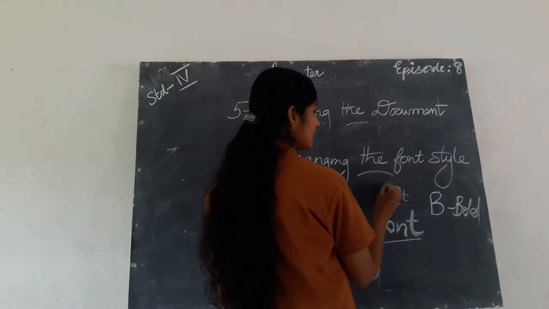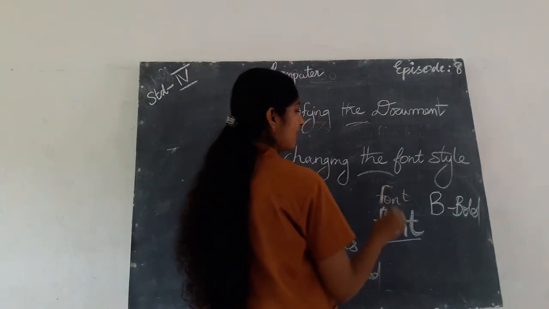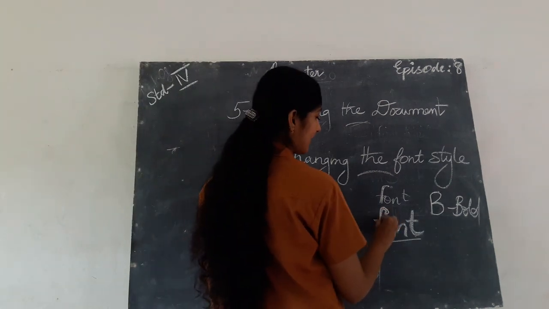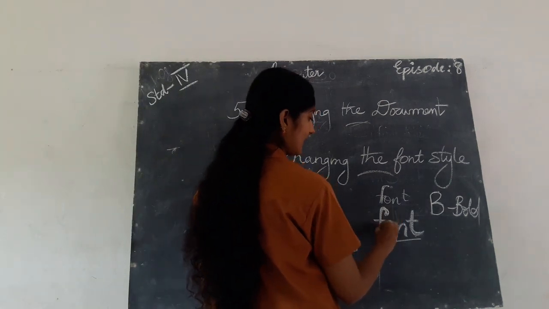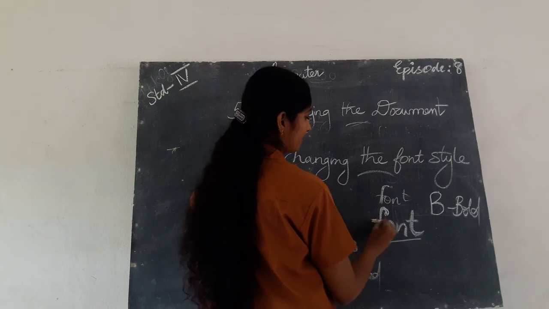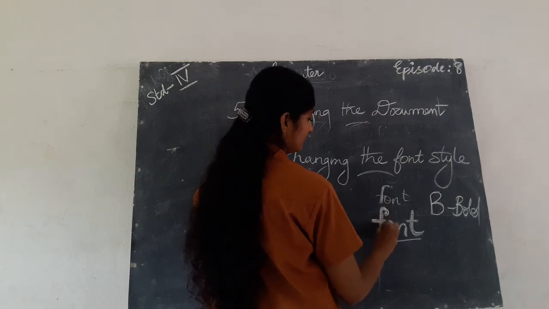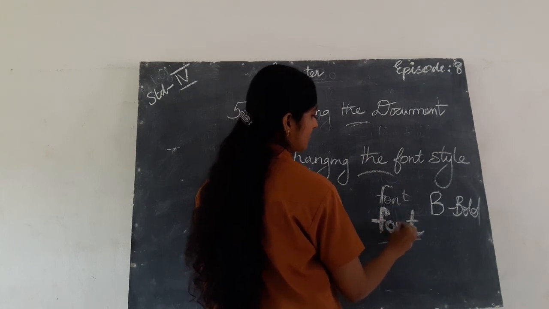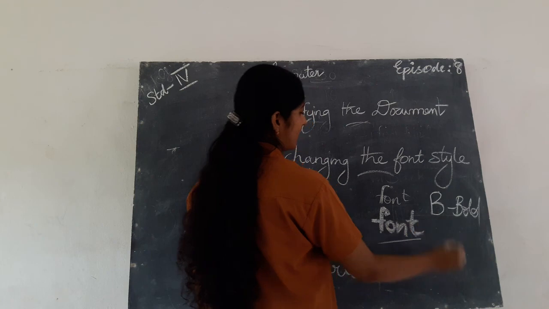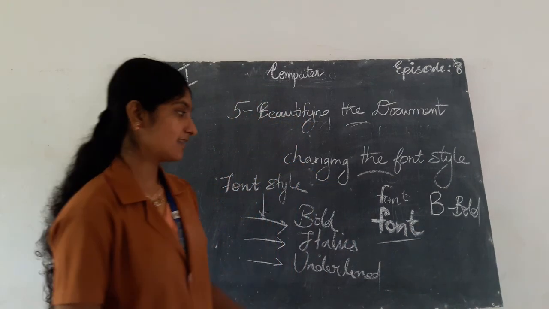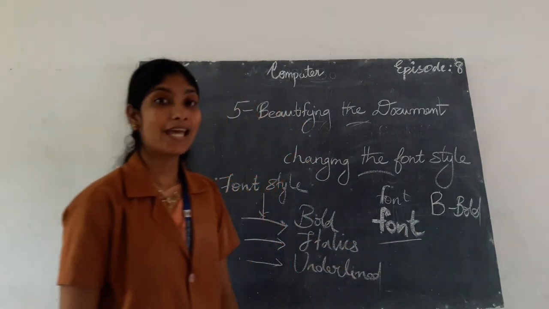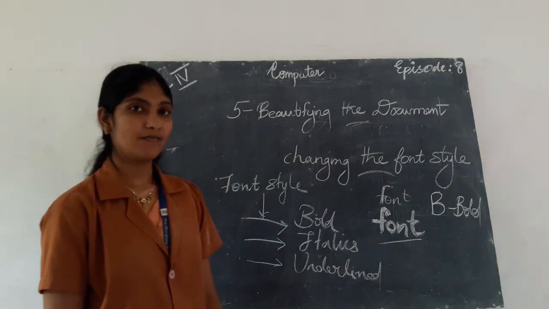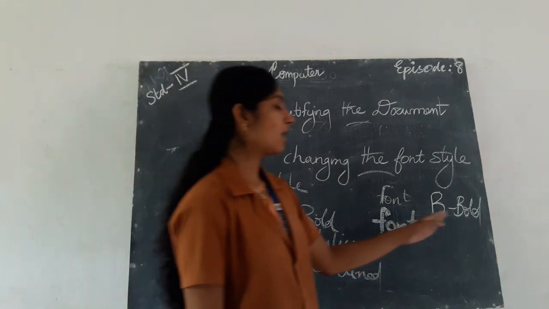For example, this is the normal text, and after applying bold, its thickness increases. F-O-N-T. Its thickness increases. So which feature is that? Bold, B-O-L-D.